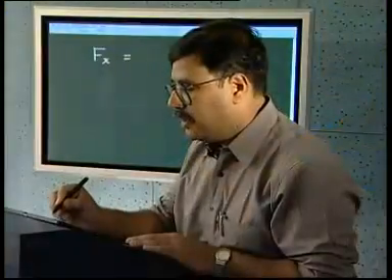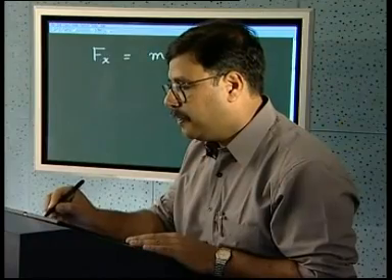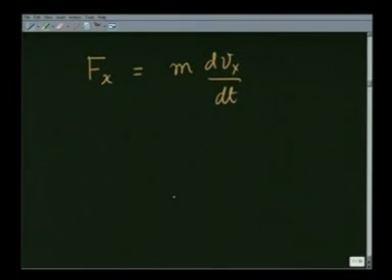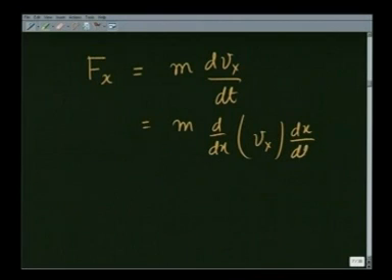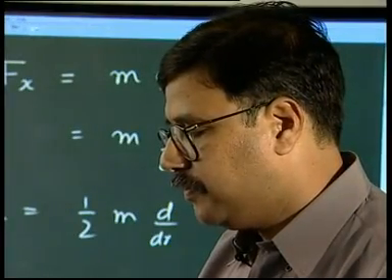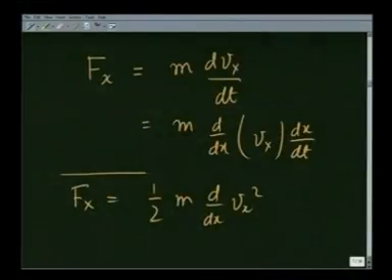Let me look at it slightly more carefully. So, I had written earlier Fx equals m dVx over dt, and by transforming this into the form d/dx Vx dx/dt, I got that Fx is equal to 1/2 m d/dx Vx square.